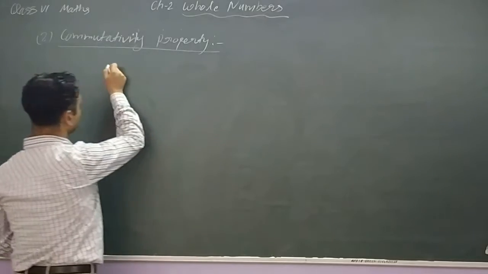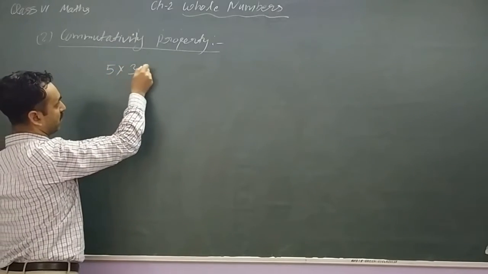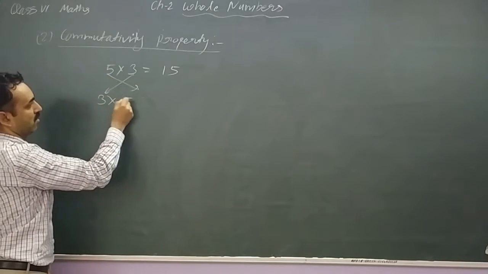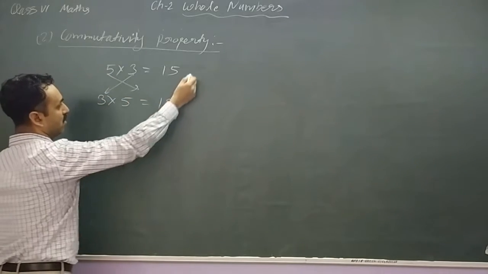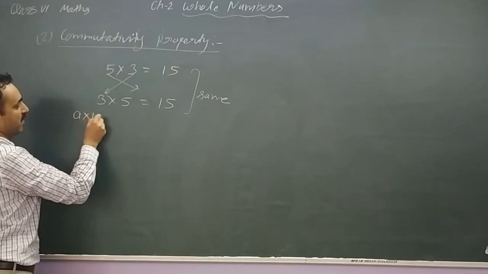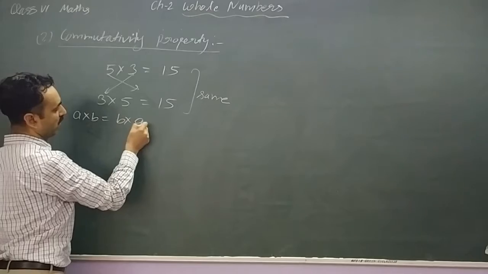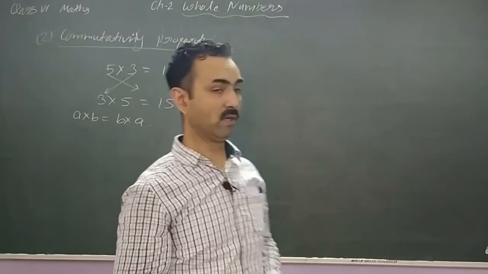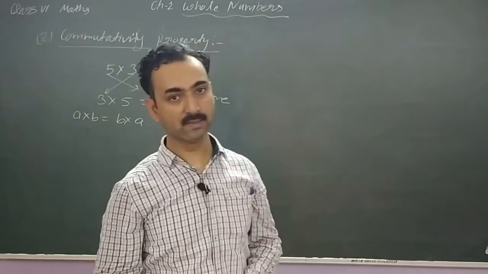Like suppose you do 5 into 3, you get 15. Suppose you change the order, 3 into 5, 15. So the answer is the same. So A into B equals B into A. So we can multiply two whole numbers in any order.